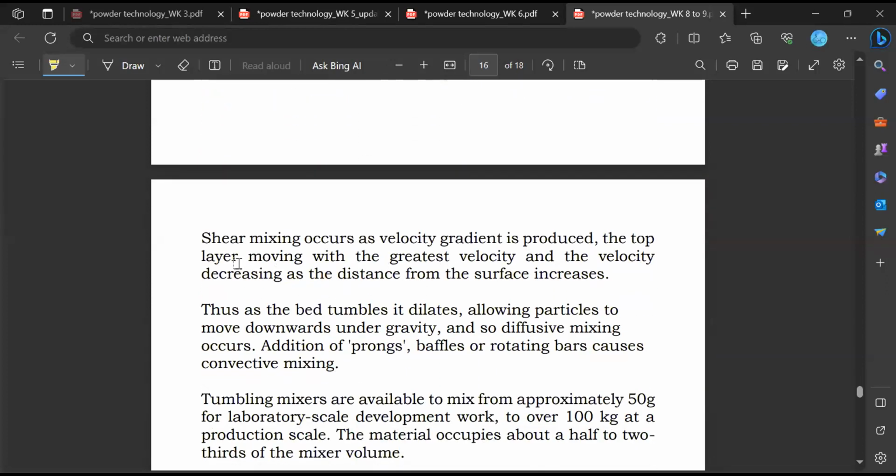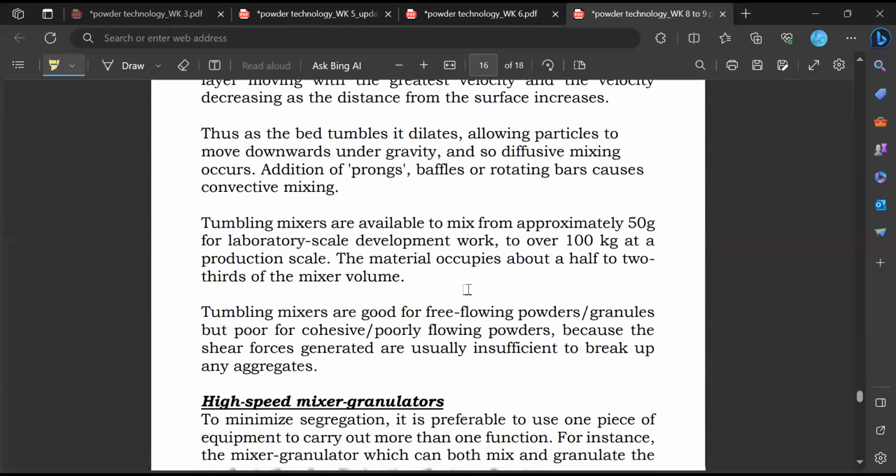When shear mixing occurs, velocity is produced, so the layer at the top will have a greater velocity compared to the one at the bottom. Because of this, the particles move downwards under gravity, and diffusive mixing occurs.